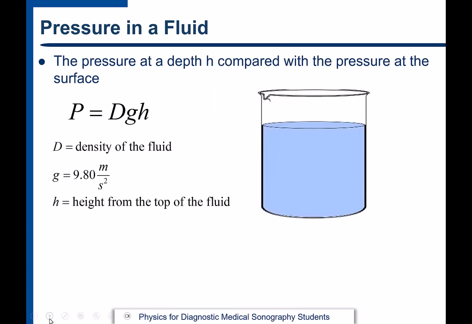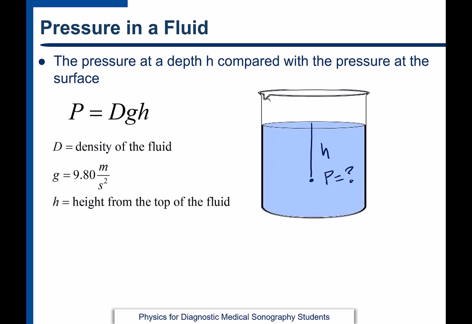So let's look at the formula that is used to describe this. The formula is that the pressure at a depth h compared with the pressure at the surface is simply equal to the density of the fluid times the acceleration due to gravity times the height from the top of the fluid. So in other words, if I want to know what is the pressure at some depth h from the top, this is the formula that allows me to calculate it.